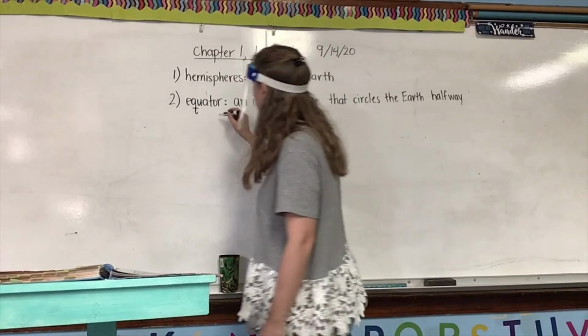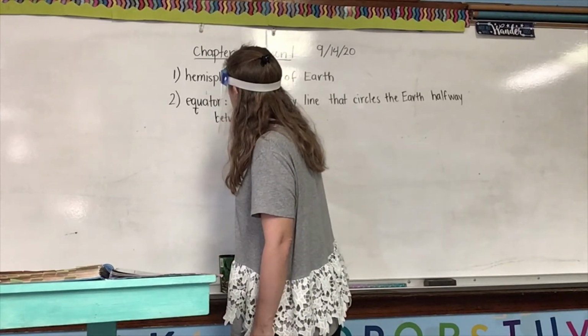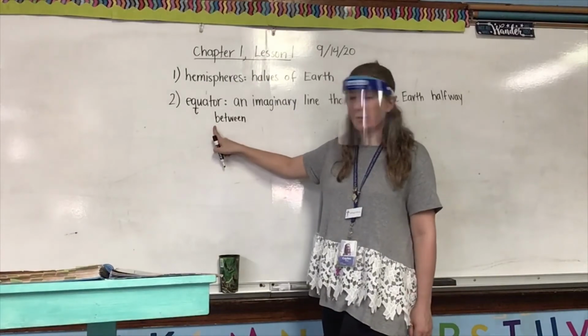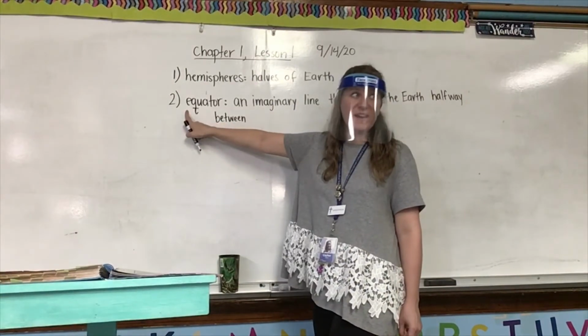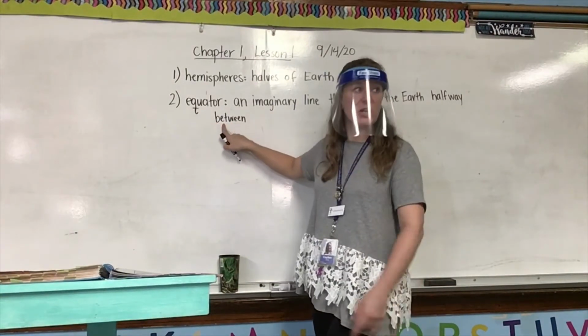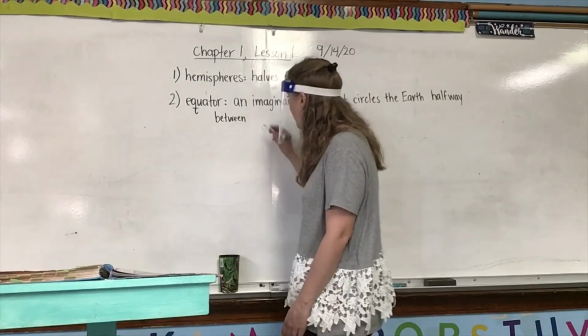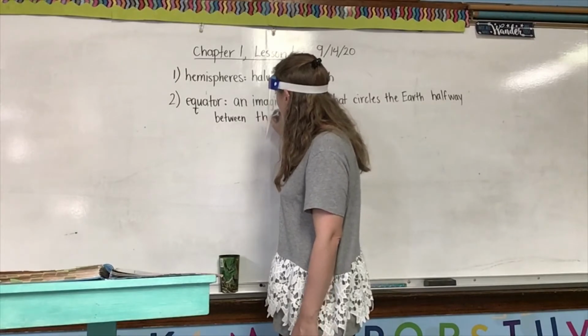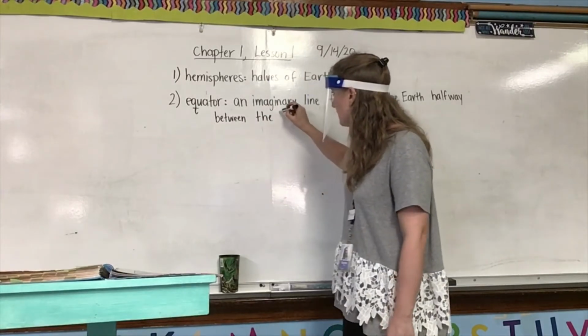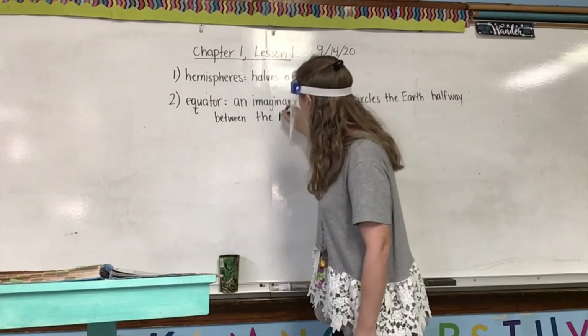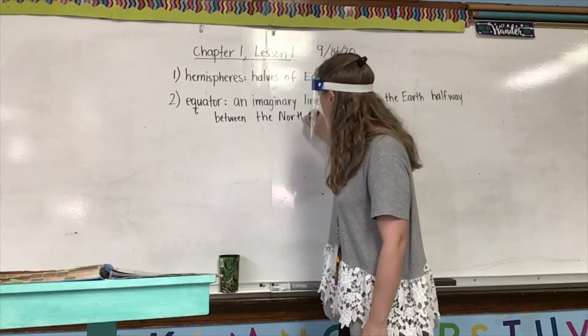halfway between. Notice how I did not line up between with equator. That tells me, hey, this isn't a new word. This is part of the definition. That circles the Earth halfway between what, Zari? The North Pole and the South Pole.